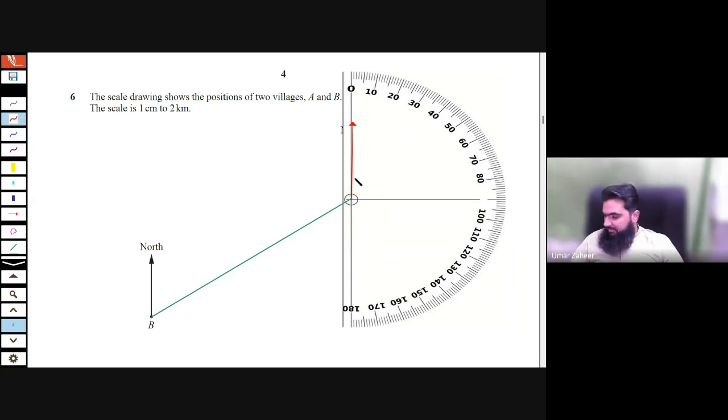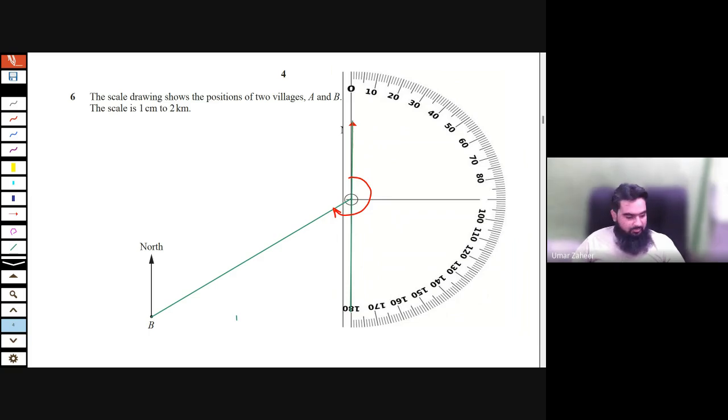So this is the angle that we need to find. Now look at here, with the help of the protractor, the problem is you're not able to find the angle more than 180. Now you have two options. The one option, you have to extend the line, all right, and just find this angle. This is the first option.